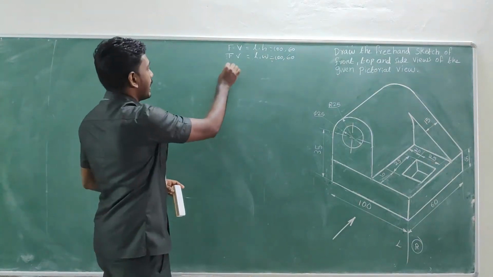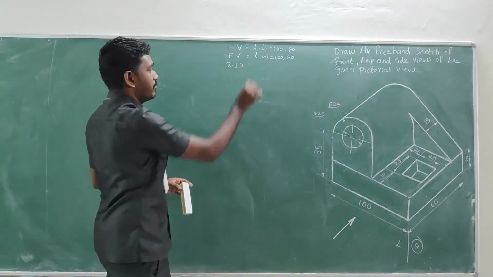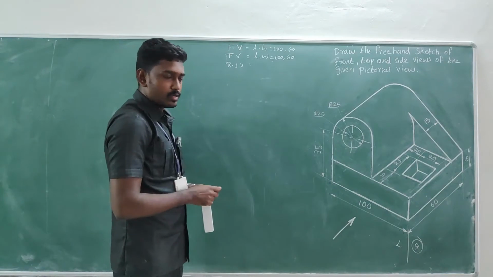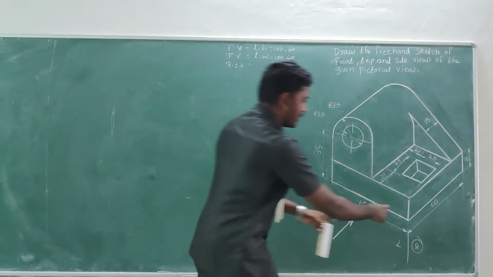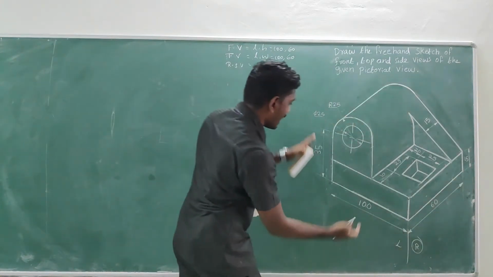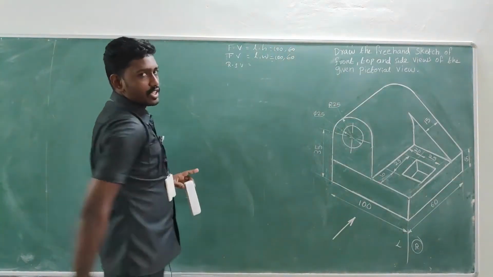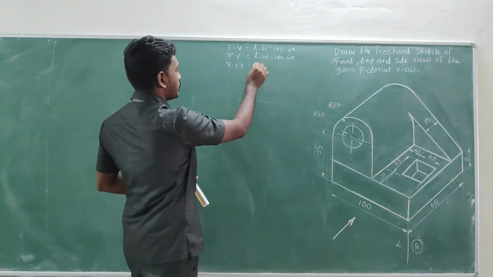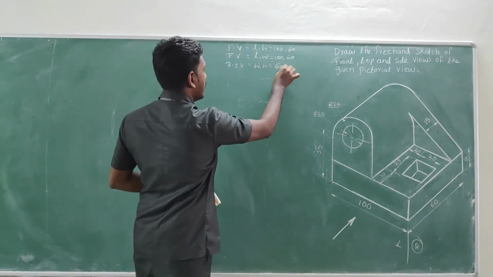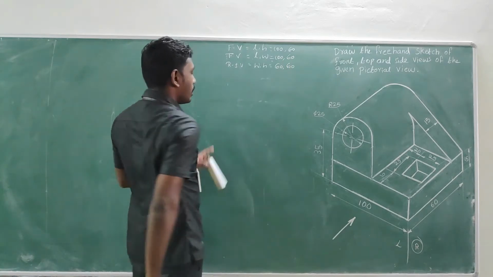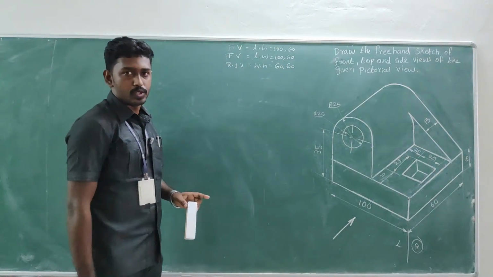Next, the right side view. The right side view captures the width and height of the object. Width of the object is 60 and height of the object is 60. Already we have measured width and height, width is 60 and height of the object as well 60, right?